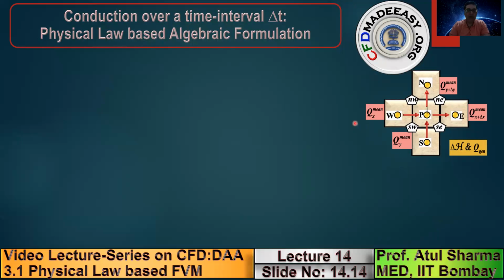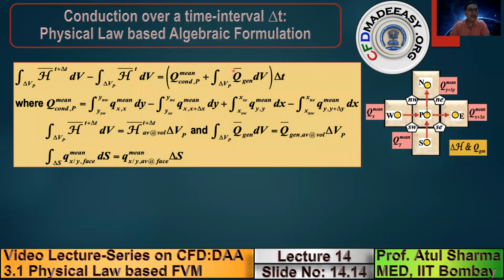So in the physical law based finite volume method, I had mentioned the change in enthalpy between T and T plus delta T. Mathematically, like in thermodynamics where you have intensive and extensive properties, intensive properties are independent of mass. Similarly, I can have a term independent of volume.